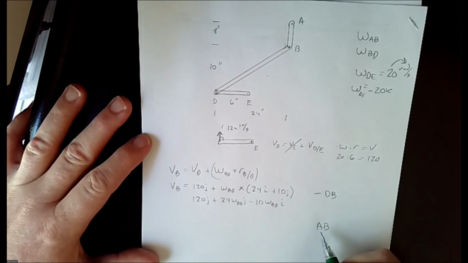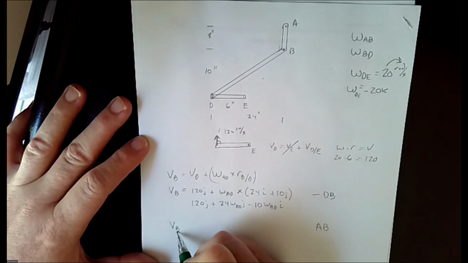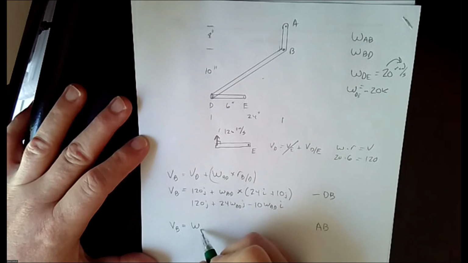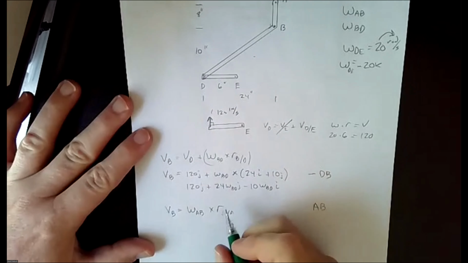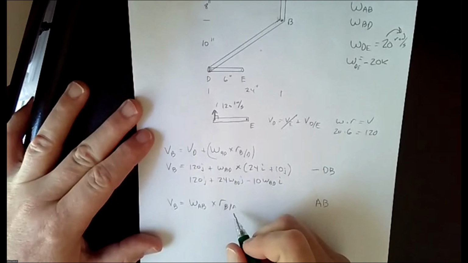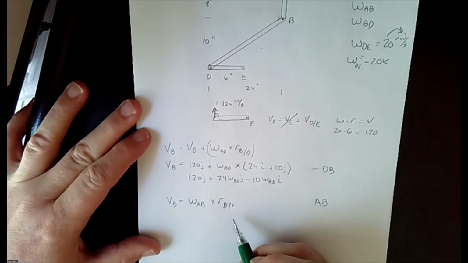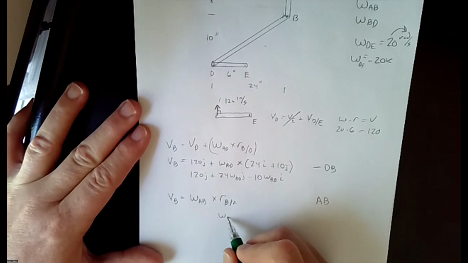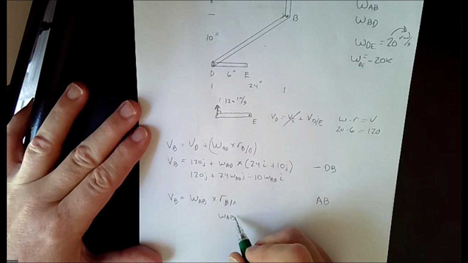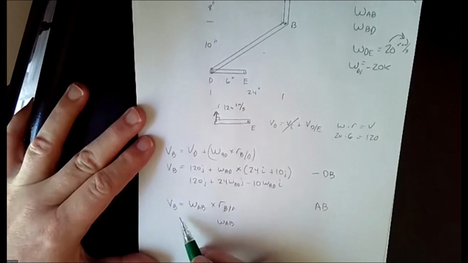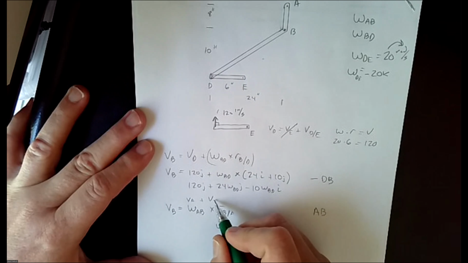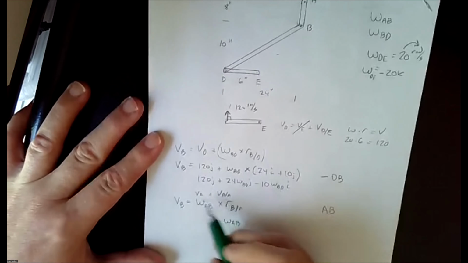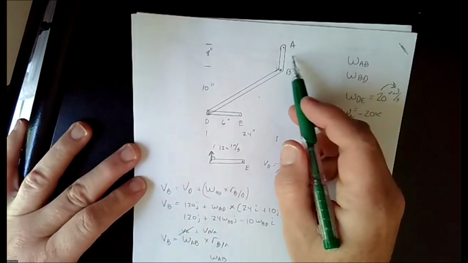Well, we know that the velocity of B at that side is going to be equal to omega AB crossed with R, B relative to A. The reason we know this is that normally we would say the velocity of B equals the velocity of A plus the velocity of B relative to A, but we know VA is 0, because it's a fixed point up here.